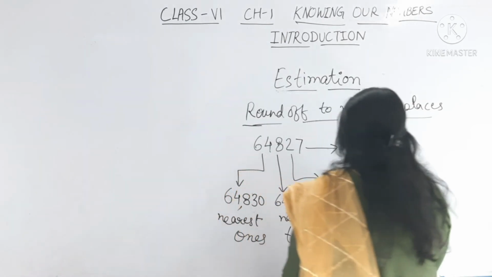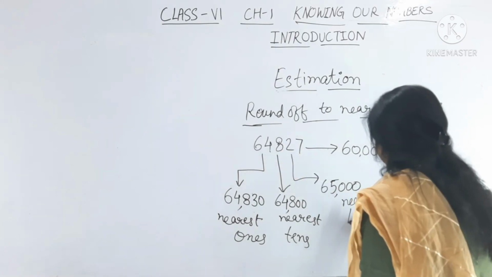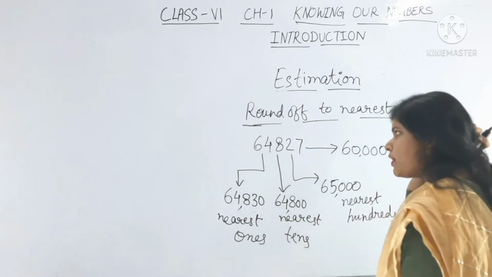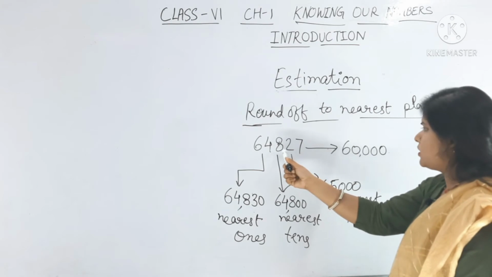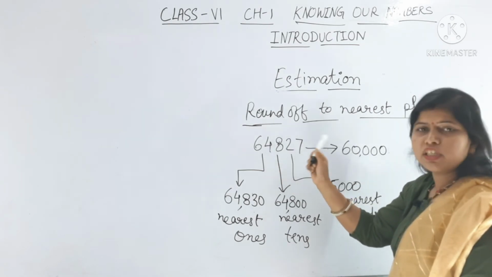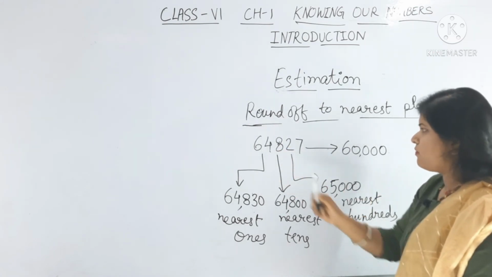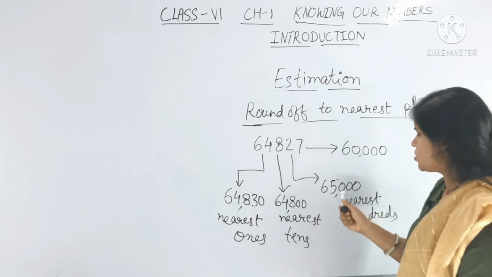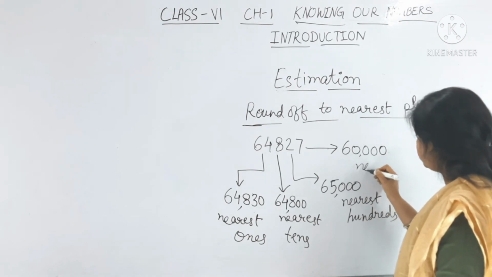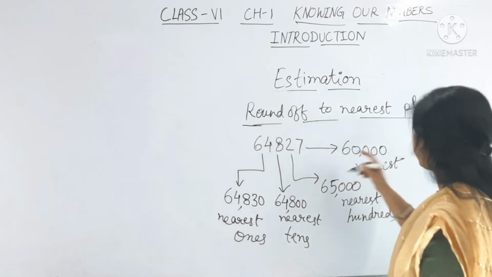Now you can see if they ask for the nearest 100 place. What is the nearest 100 here? You can see that in the hundreds place it is 8, so it will change to 10. That is, 4 will be replaced with 5 and the rest will be 0. Means you can write here 65,000. And in the last, the nearest thousands.